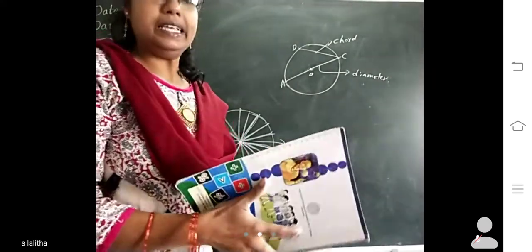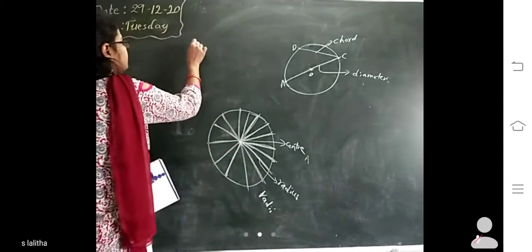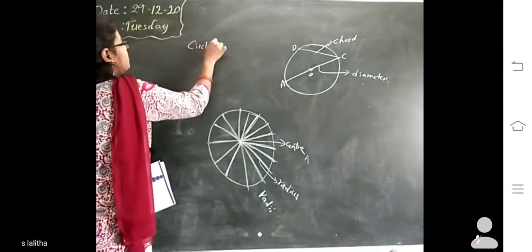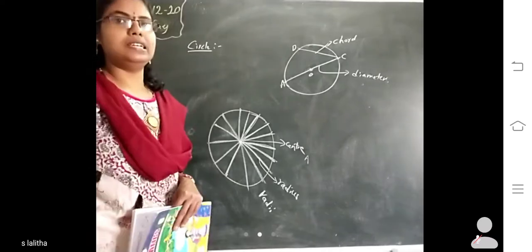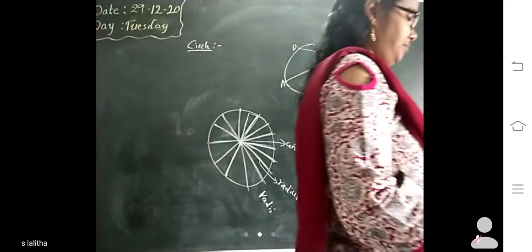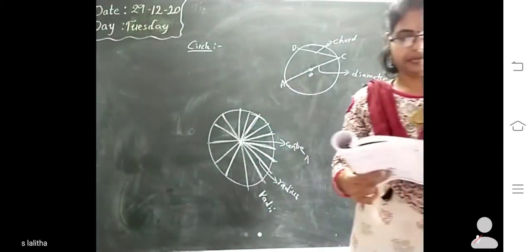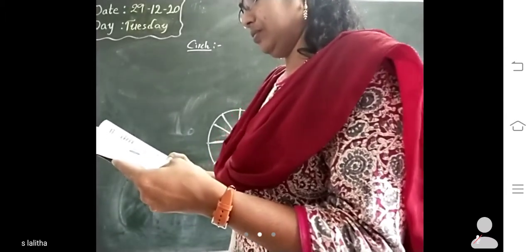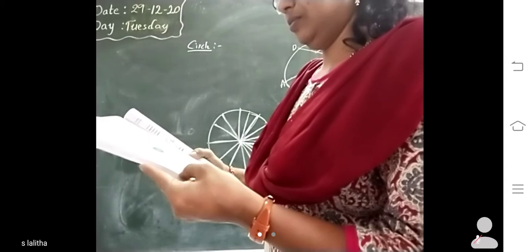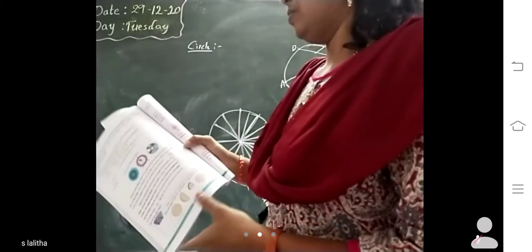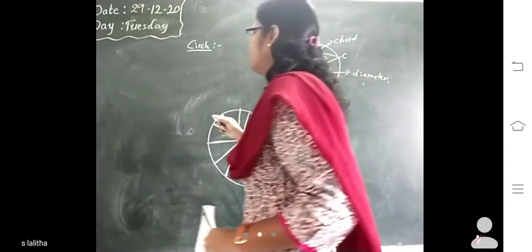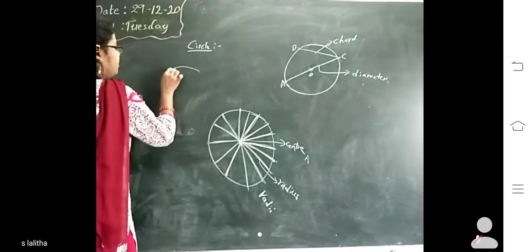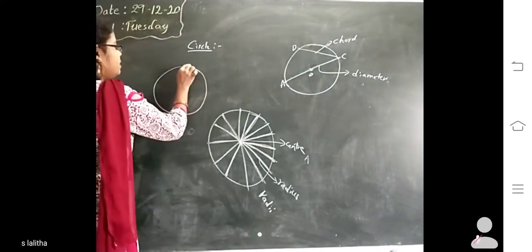Now put the heading Circle. Put the heading Circle. You can draw a circle like this. Draw with a bangle or anything.